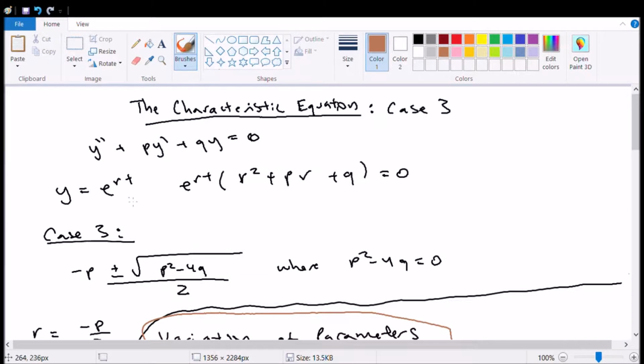So let's say y equals e to the rt. Let's say that was the solution to some differential equation. You know that if that is the solution, then negative e to the rt, 2e to the rt, 3e to the rt, all those different constants in front of the formula, those would also work as solutions because the initial condition is what determines the constant. So theoretically, any constant could solve the differential equation.